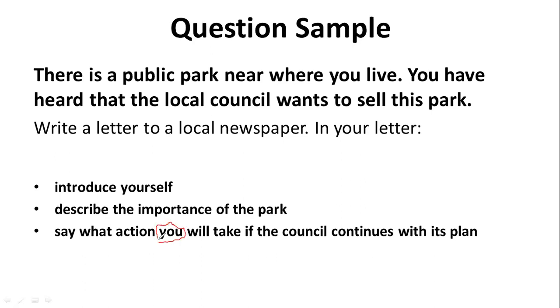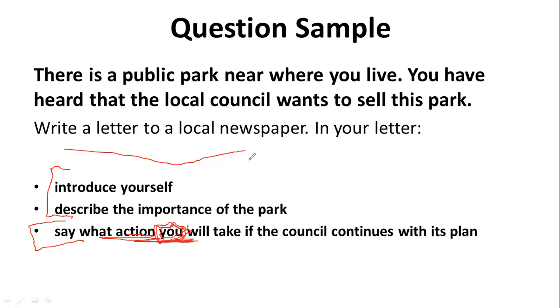But I wrote a sentence over there. The question says what action you will take, which means he's talking about you. You are writing a letter to the newspaper. The local council is selling the park that we usually enjoy, so if the council continues with this plan, I will take this action. The question is for the writer.